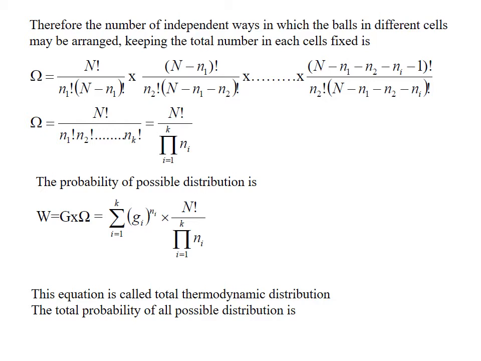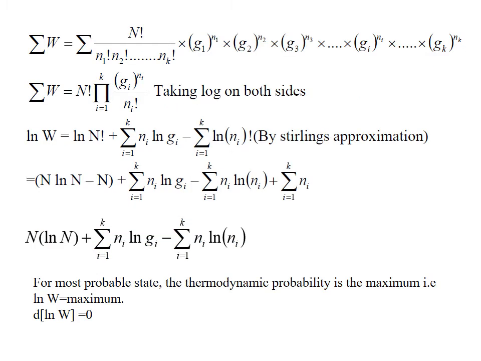Again, the probability of possible distribution W is equal to the product of a priori probability and thermodynamic probability. So W is equal to G into omega, where the value can be written as the product over i from 1 to k of gi to the power of ni into n factorial divided by the product of ni factorial. So this is called the total thermodynamic distribution.